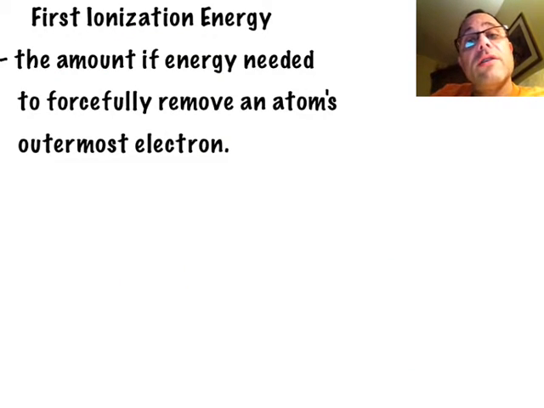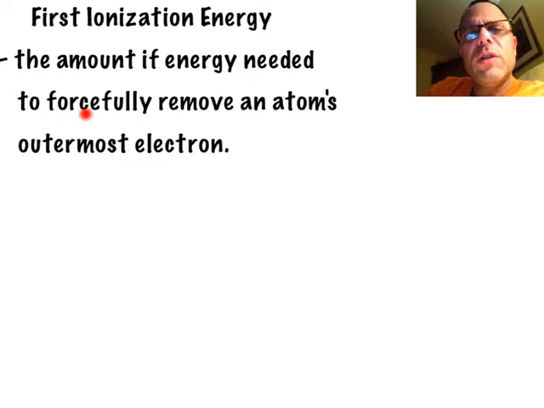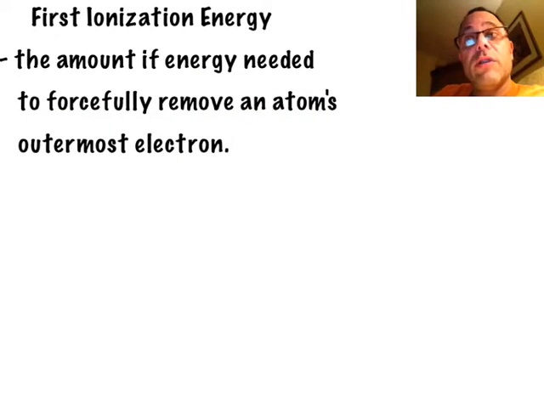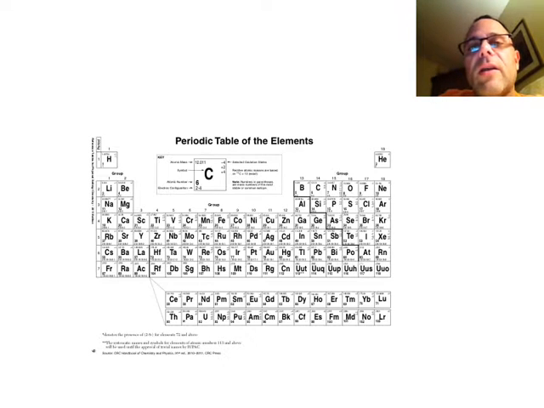Now, first ionization energy is defined as the amount of energy needed to forcefully remove an atom's outermost electron. So it's going to be one of those valence electrons. Let's look at some electron configurations to explore what that really means. So for this one, let's examine sodium and potassium, and then perhaps even fluorine and chlorine. Let me write them here.